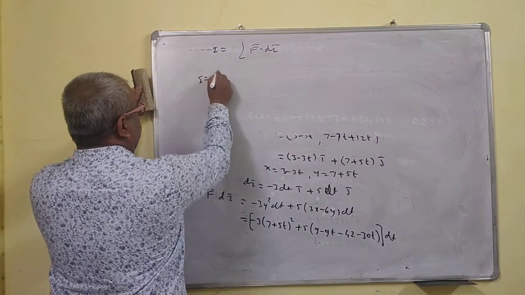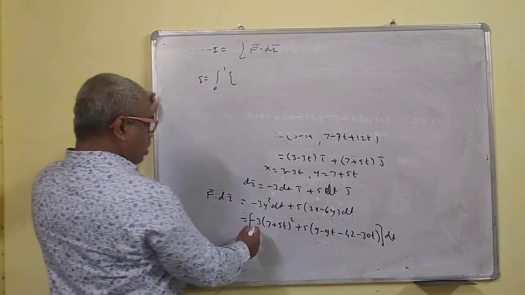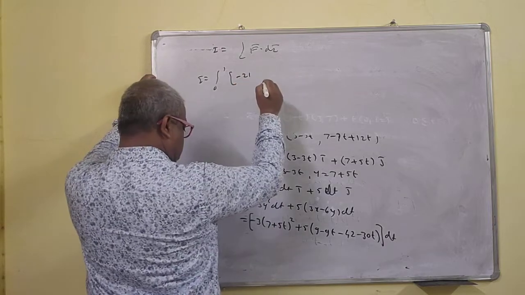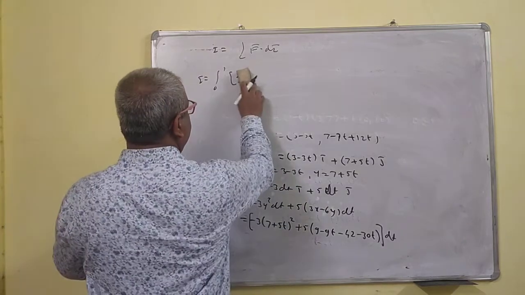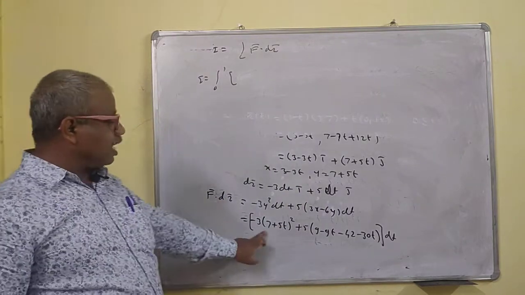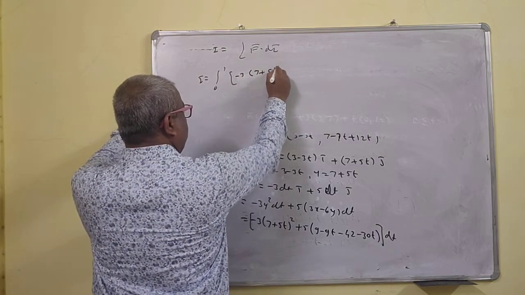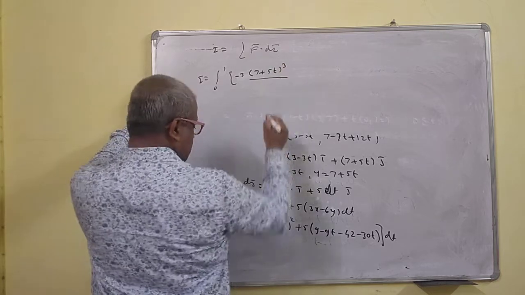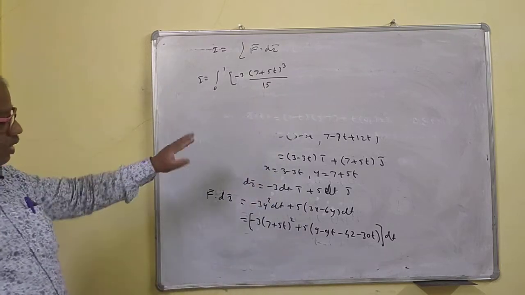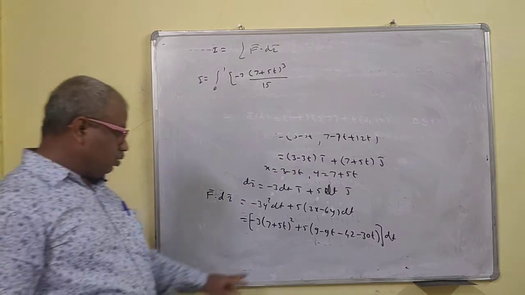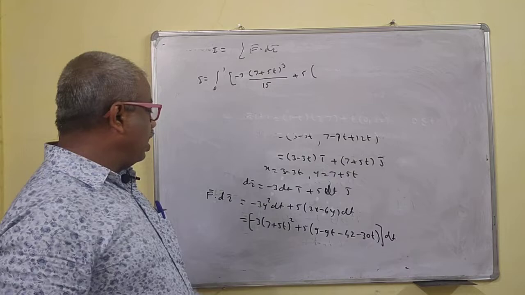So therefore I is equal to the integration from 0 to 1. Now we'll simplify this. Minus 21, minus 21, minus 50. Oh, no need to do this square now, because this is directly integrable. We'll directly integrate that. That is minus 3 times (7 plus 5t) cube upon 3 into 5, so this is 15, upon 3 into the coefficient of t. Now here I will write 5 as it is, and simplify and integrate this.